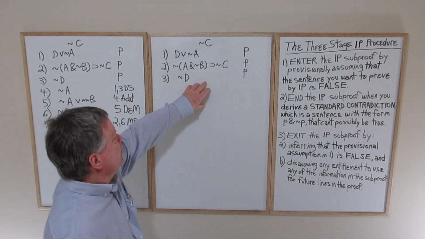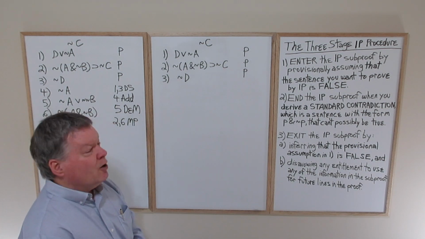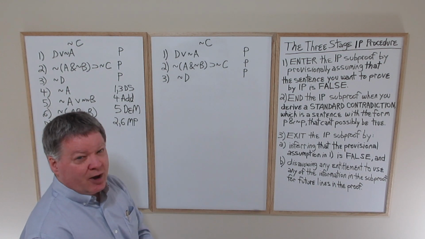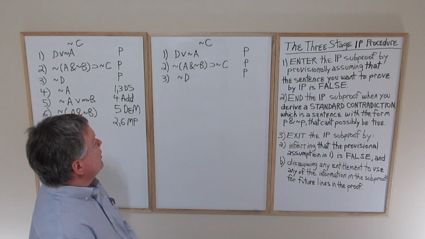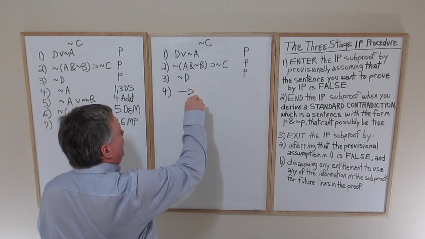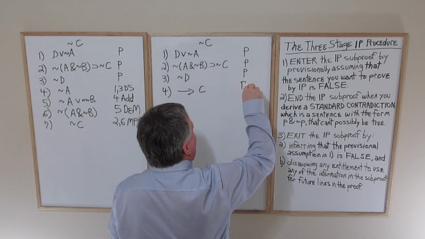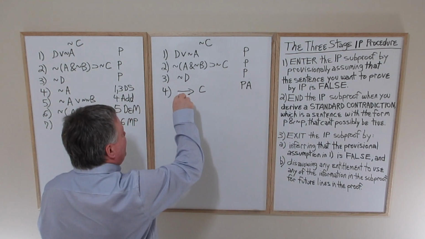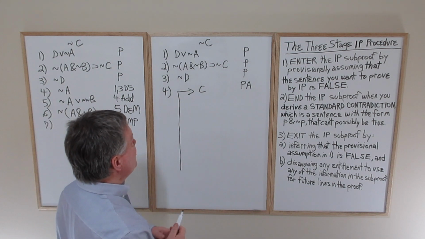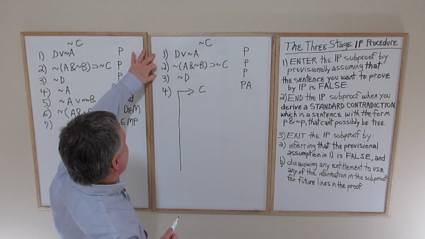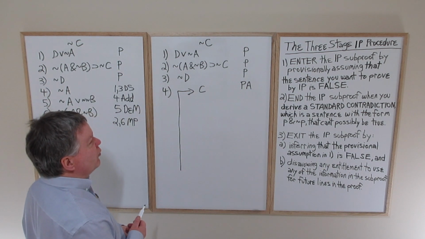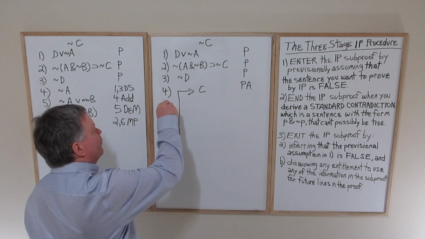Now, suppose, looking at this same information, we decided to do an IP. Since the sentence is a negation, the CP isn't going to work here. So, we provisionally assume C, then we just have to derive a standard contradiction, and that will be an indirect proof that if these 3 premises are true, C can't in addition be true, therefore tilde C must be true.